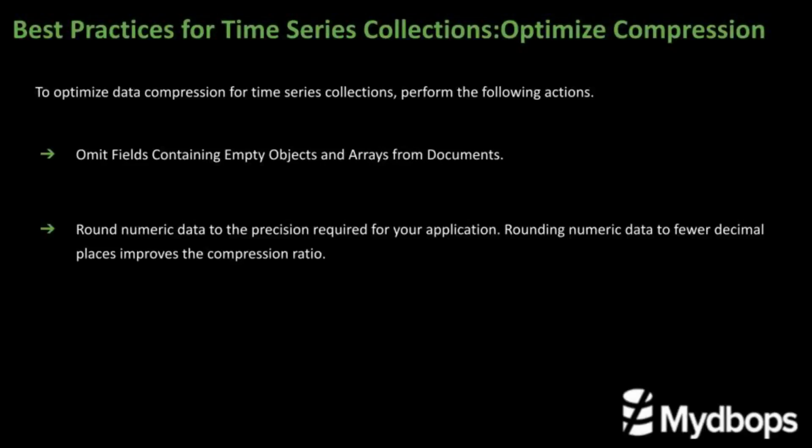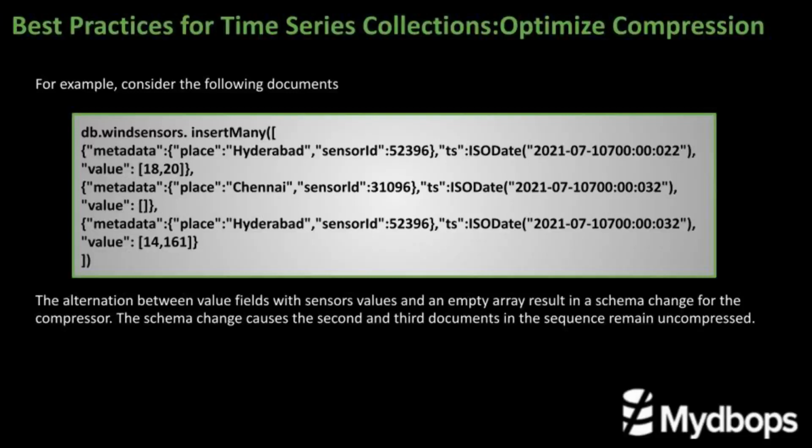Let me explain compression with an example. Here is an example where we insert 3 documents into the collection. We have a metadata field indicating the meta field, and ts as the time field value. Let's keep all eyes on the value field.